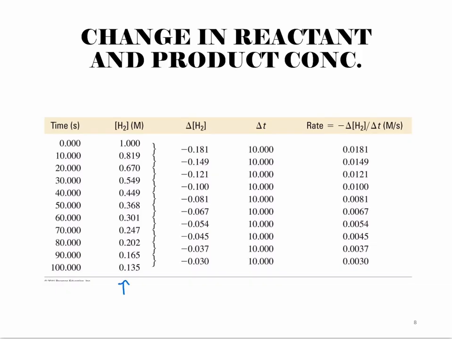Yeah, the concentration is getting smaller, so that implies that this is a reactant in the reaction. The other way is if you see the rate, we have a negative sign there, right? Because the reaction rate always has to be what kind of quantity? A positive quantity, right? So we also have the negative sign included there to make it positive.